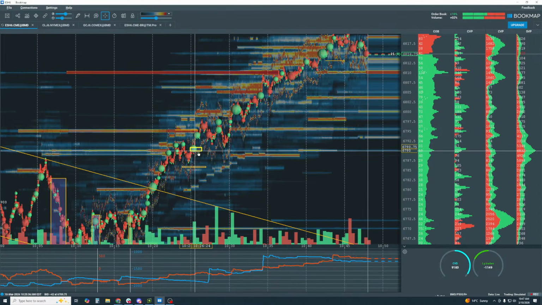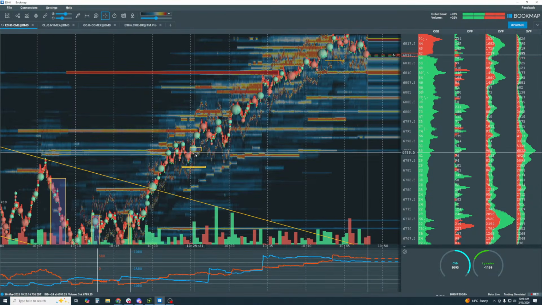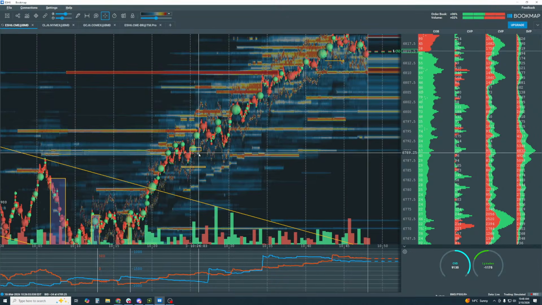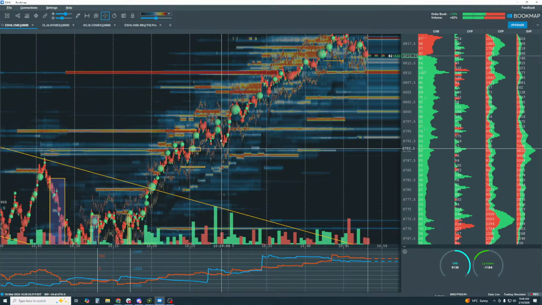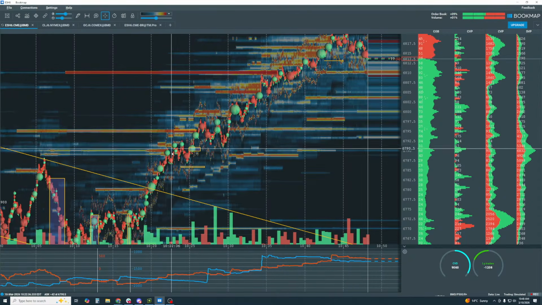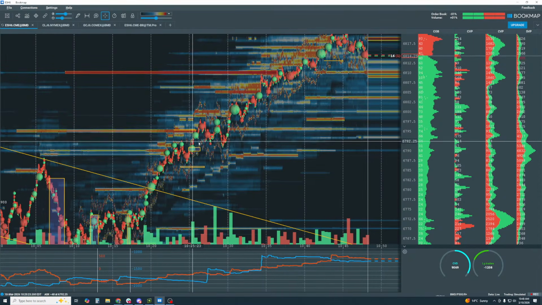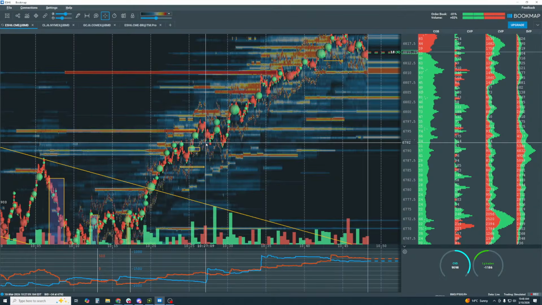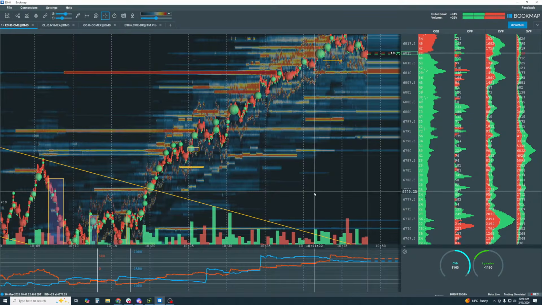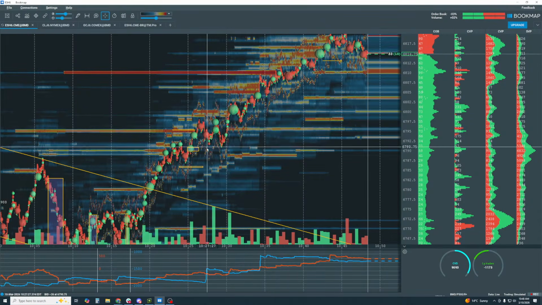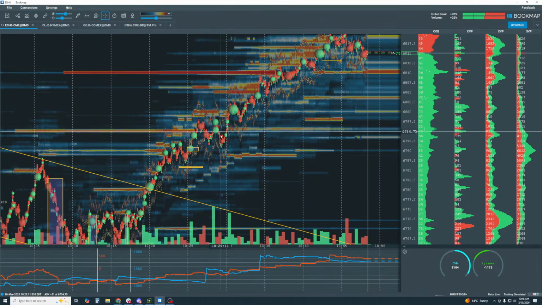So for that reason you'd bring it up to just below that high volume node where it broke out from. That's the initial part of it, so maybe a little different. Once you start breaking the next level, though, is when you move it up.